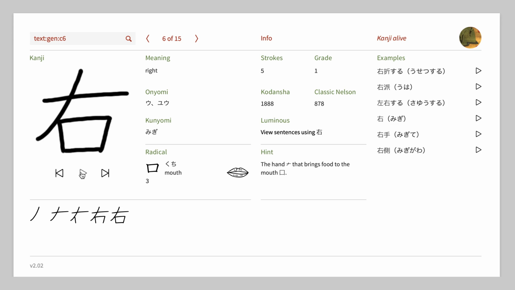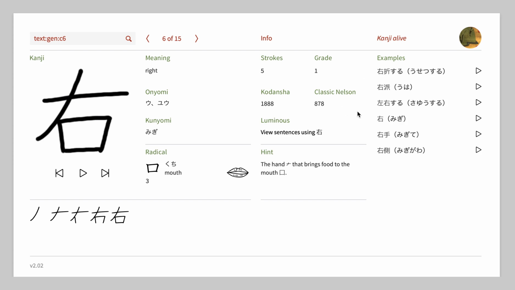So you'll notice this and the next kanji, the kanji for hidari or left, both share the same first 2 strokes. In this case, the additional stroke or the additional radical is the mouth radical, which you just learned. Some words that employ this kanji, usetsu suru, to take a right turn.